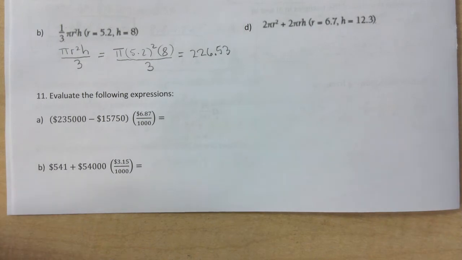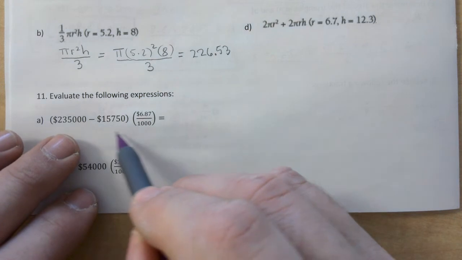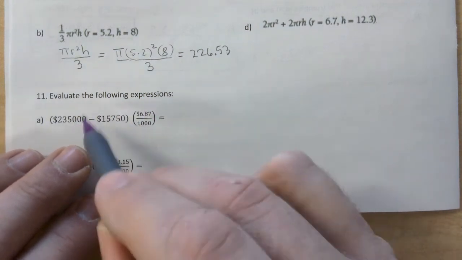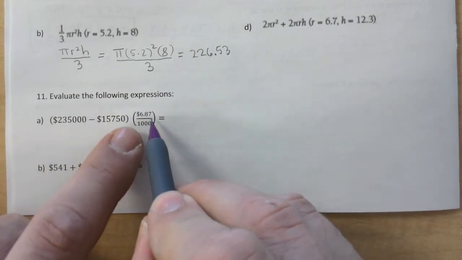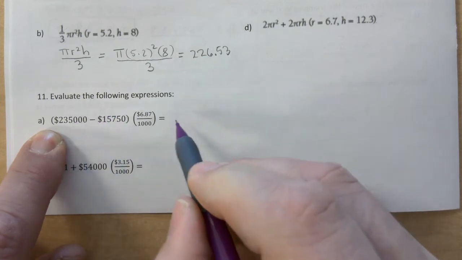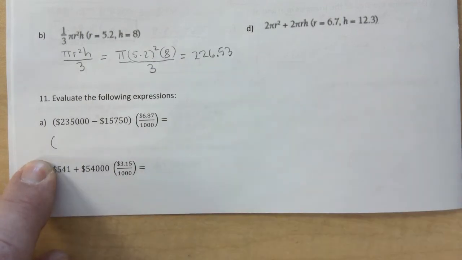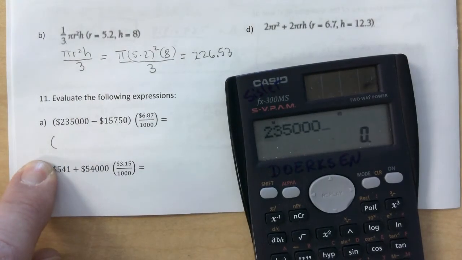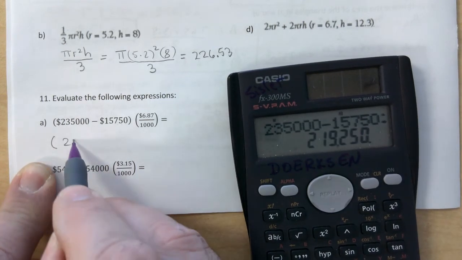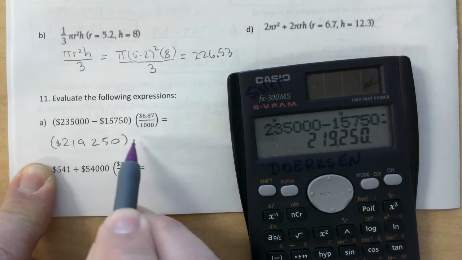So evaluate the following expressions again. You're going to recognize this in a bit, trust me. Vehicle finance, home finance has stuff like this. So basically, there's a bracket here, there's a bracket there, there's stuff happening in here. So let's first figure out what that is. We're going to go 235,000 minus 15,750, and that's 219,250, in dollars.